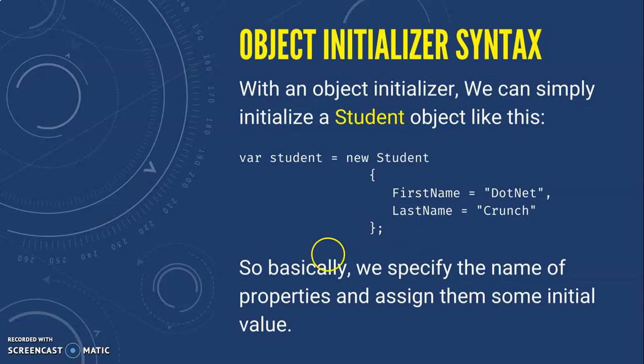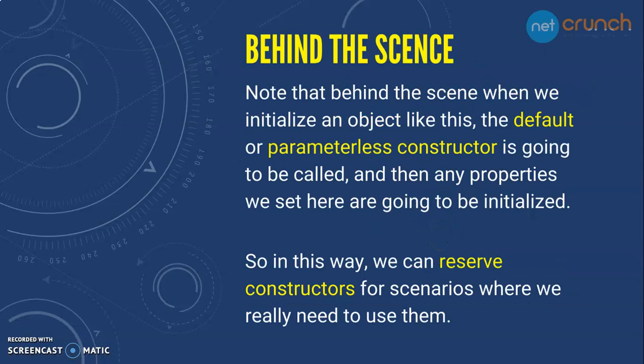In this example I have just shown 2 properties. We can include as many as we want to initialize. Behind the scenes, the default or parameterized constructor is going to be called, and then any properties which we set here will be initialized.